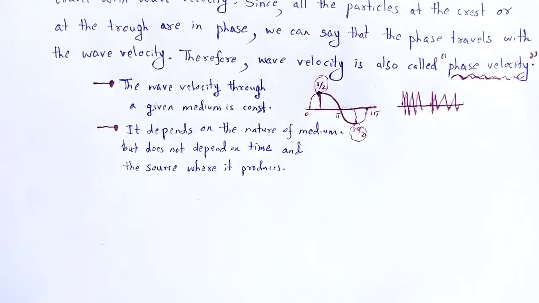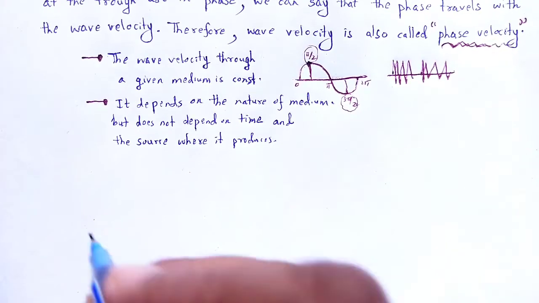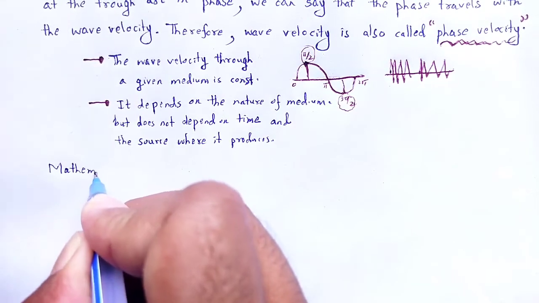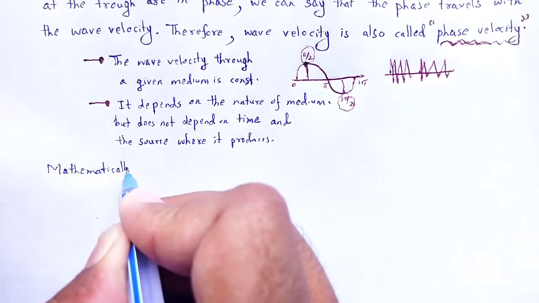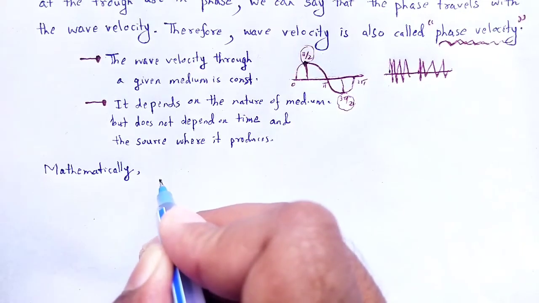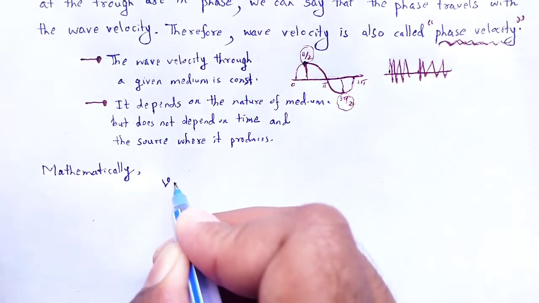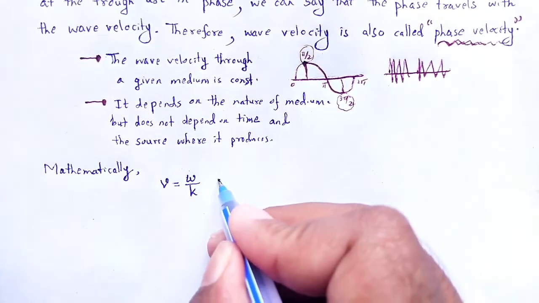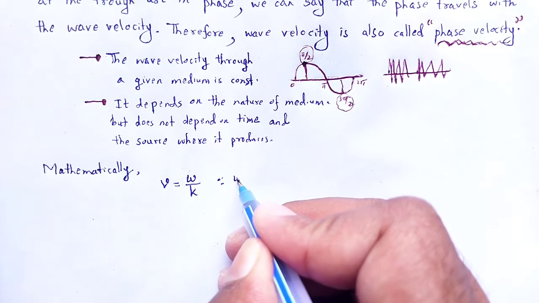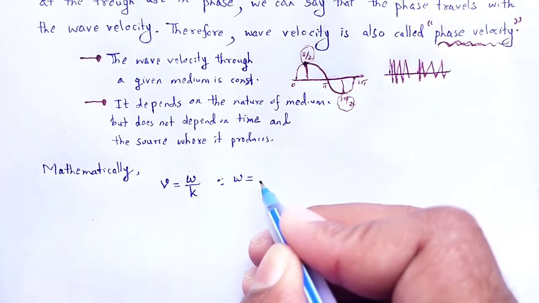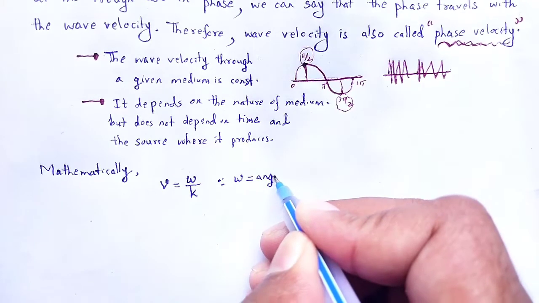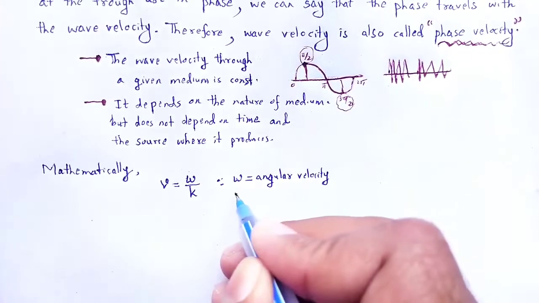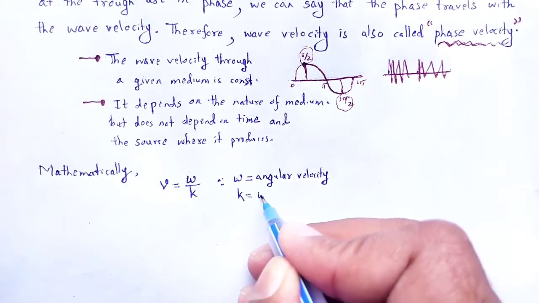Mathematically, the wave velocity or phase velocity is written as v is equal to omega by k, where omega is the angular velocity and k is the wave number.